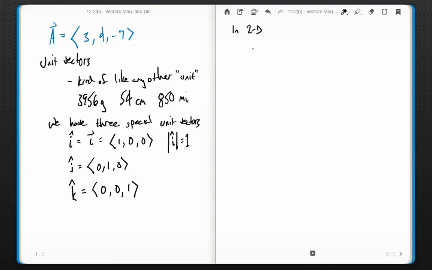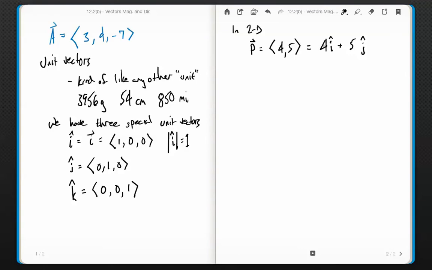So in 2D, we can write some vector p as the vector 4, 5, but that's exactly the same as saying 4i plus 5j. Why is that?